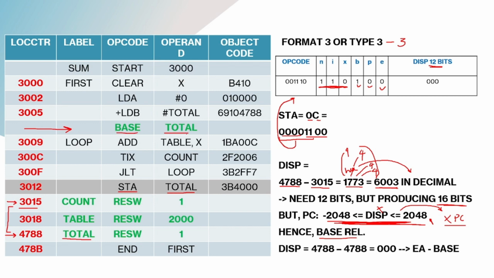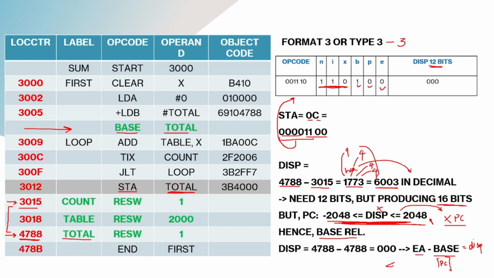It says total. Now what we do is effective address minus base will give you the displacement. This is known, I guess. It's the same for program counter, but instead of base we have your program counter value. So now effective address is your address of total. What is the address of total right here? Total is 4788, right?